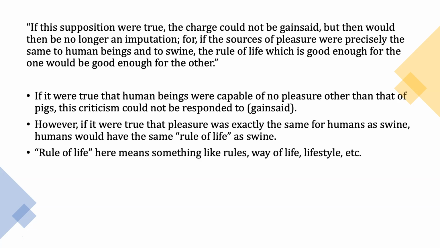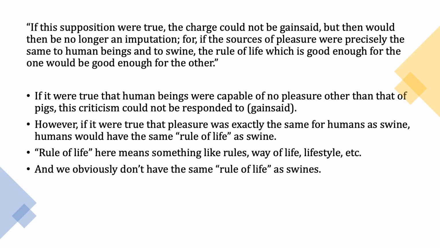And here rule of life means something like rules, way of life, lifestyles, and so on, right? But we obviously don't have the same rules of life as swine, so there must be something wrong with this.